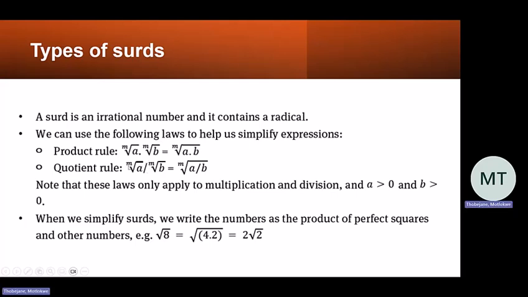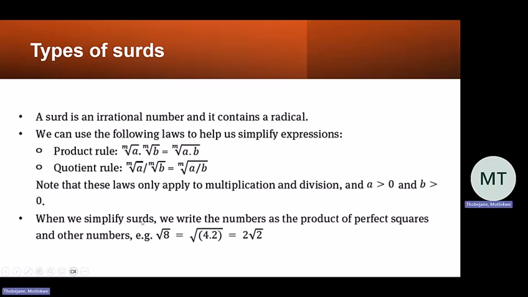The mth root of a divided by the mth root of b is equal to the mth root of a divided by b. Note that these laws only apply to multiplication and division where a is greater than 0 and b is greater than 0. Right? So it means you cannot have a negative number here and here for these two rules to apply.